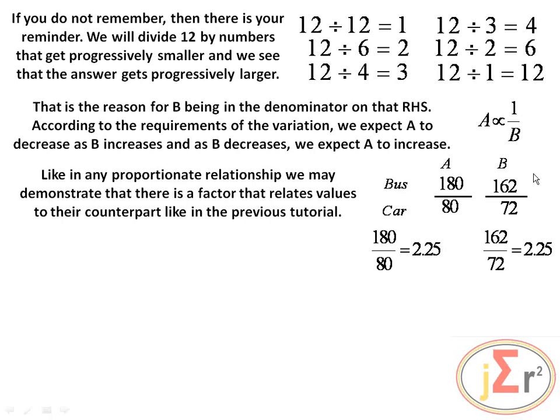And this is what we have right here as the relationship between A and B, and also between the times that the bus travels on both routes and the times that the car travels on both routes.